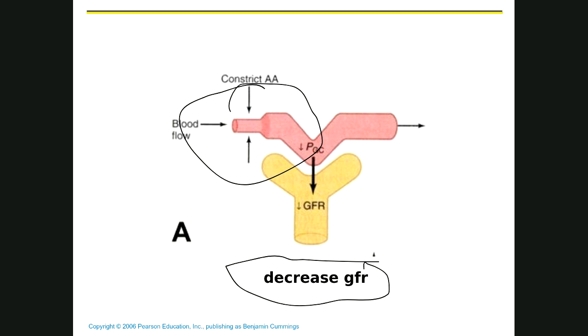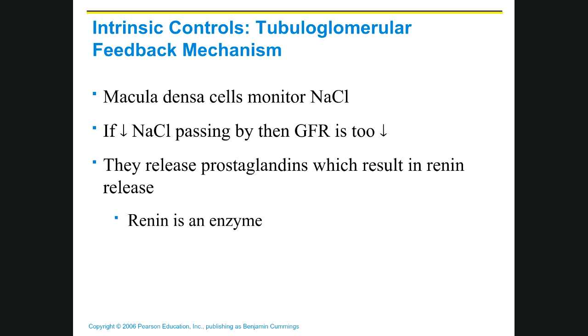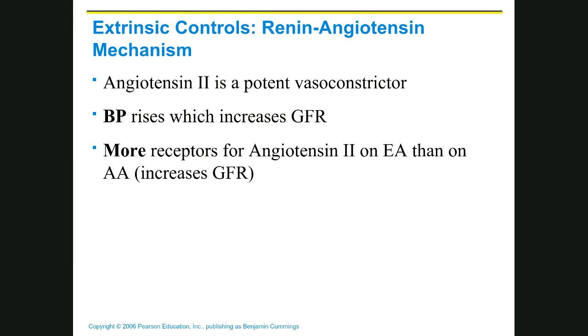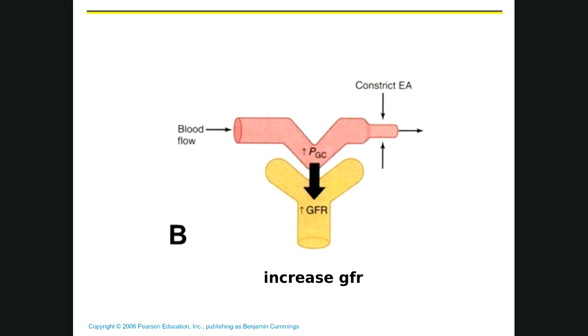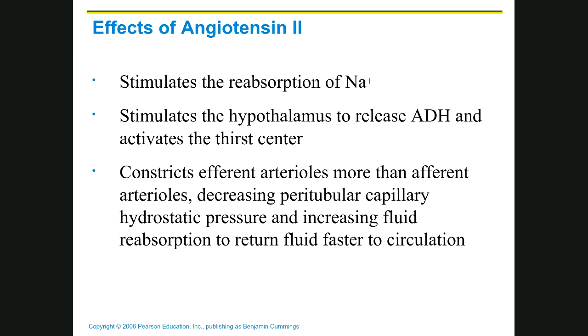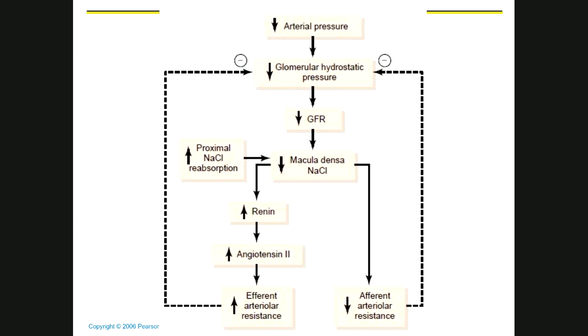If it's too low, I need to do something to make it go back up. And so I'm going to go through this pathway, and this is going to happen. I'm going to vasoconstrict here. And if I vasoconstrict there, more is going to go this way. I'm going to increase GFR. Any questions?